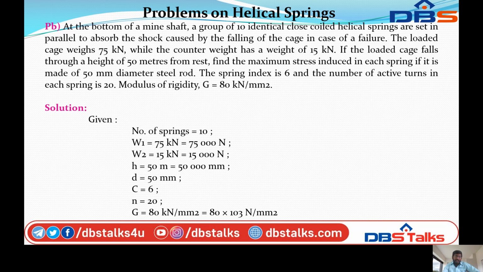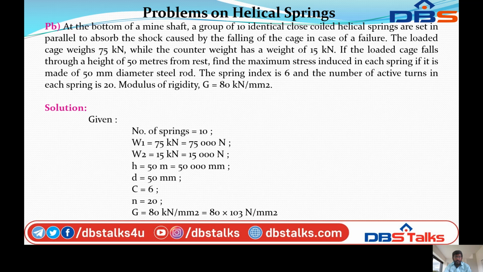In this problem, first we note down the given data. The number of springs is 10. W1 equal to 75 kilonewton, which is converted to Newton, 75,000 Newton.